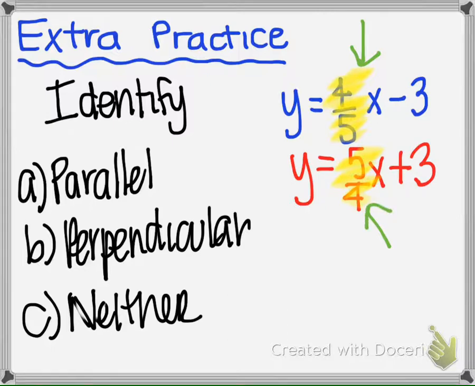And because one of them is not negative, they're both going to go up. And since they're both going to go up, we know that they're not parallel, they're not the same. And they are not going to be perpendicular lines because they are not negative reciprocals, so we're going to have neither.